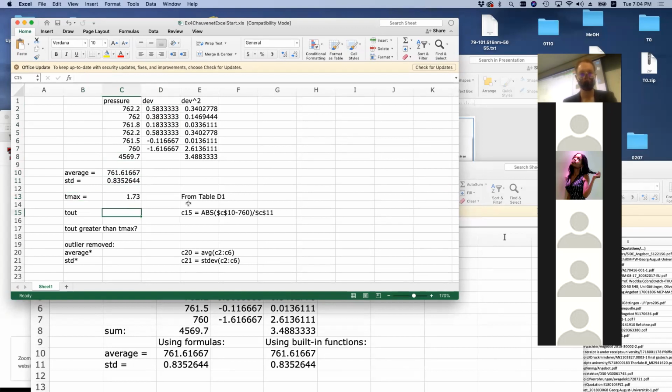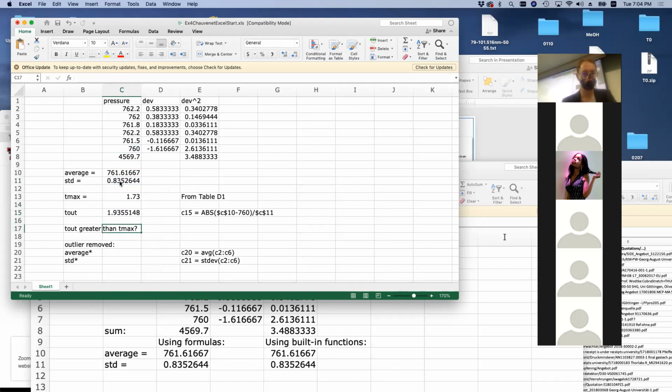We can calculate the value of T for the outlier: the absolute value of the outlier, which is 760, minus the average value, 761.6166, and then divide by the standard deviation. Enter. Okay, and we get 1.93. That's exactly what we got when we did it by hand.